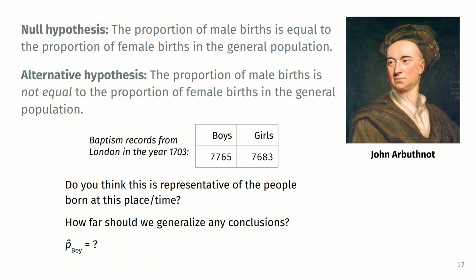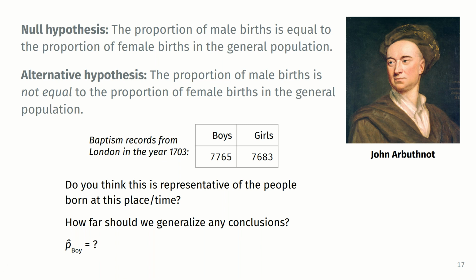All right. Now, our first thing to do when we're confronted with this kind of data is to ask, what is the point estimate? In other words, what is the sample proportion of boy births?